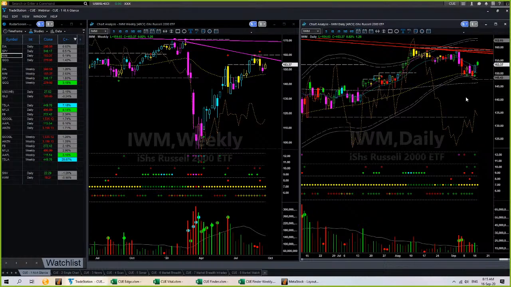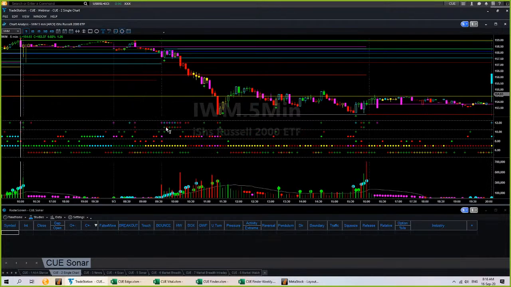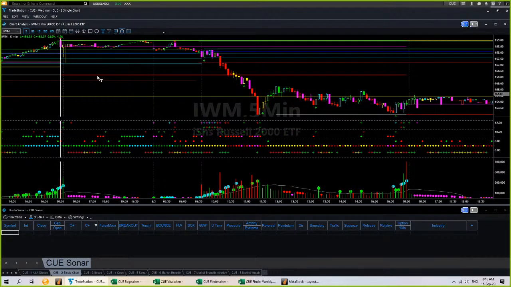Why don't I align the daily and 5-minute chart and explain how I took it? And it is a very simple technique using the real-time pivot charts on the fine-tuned template. I'm going to align the dates, go to the single chart template, it was here.